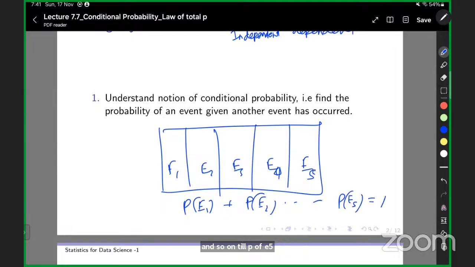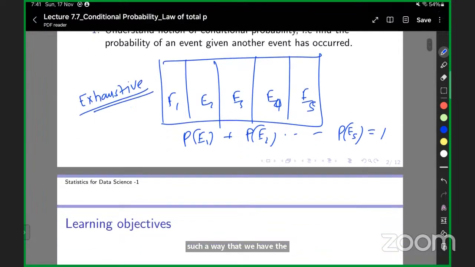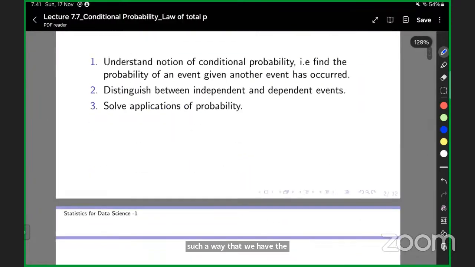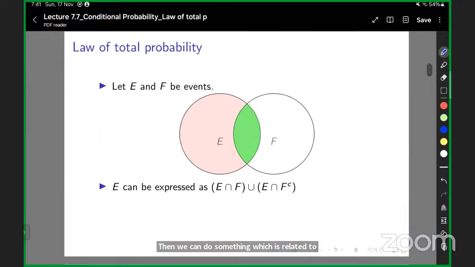That's what an exhaustive event is. If you see this word somewhere, be careful: it means the total probability is equal to 1. If we have this, then we can do something related to the law of total probability.